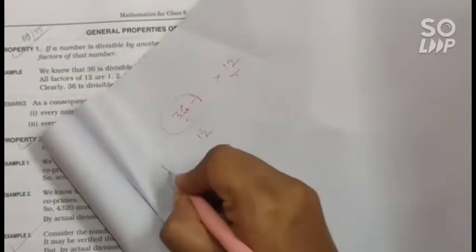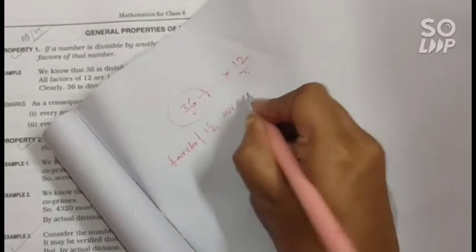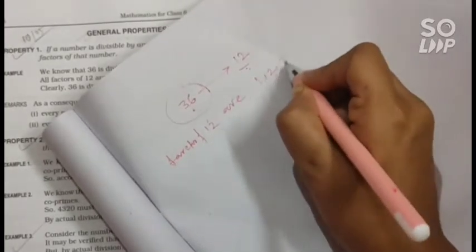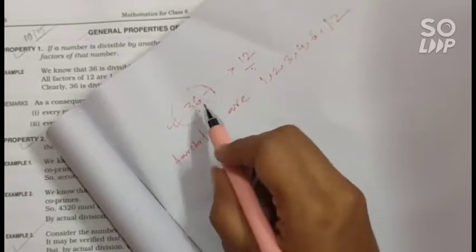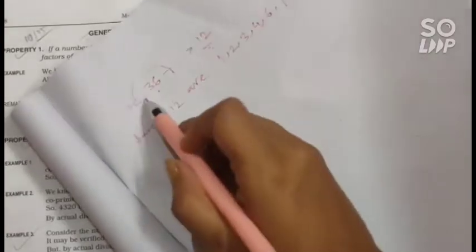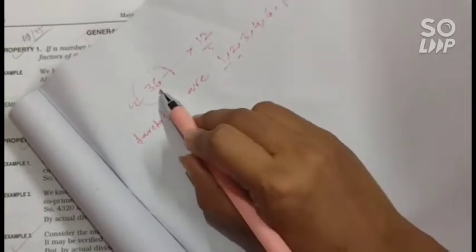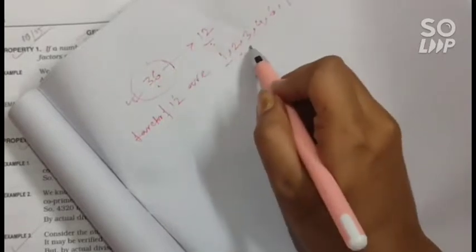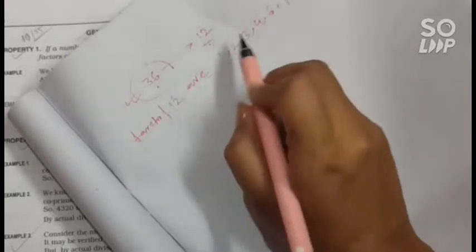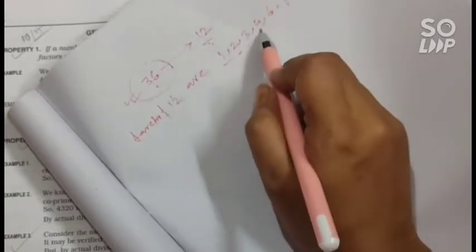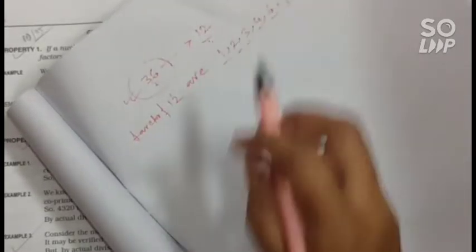And you know that the factors of 12 are, what are the factors of 12? 1, 2, 3, 4, 6 and 12. So 36 will be divisible by 1. 36 will be divisible by 2 because the ones digit is 6. 36 will be divisible by 3 because the sum of the digits is 9 and that is also divisible by 3. 36 is also divisible by 4, 4 nines are 36. 36 is divisible by 6 and 36 is also divisible by 12.